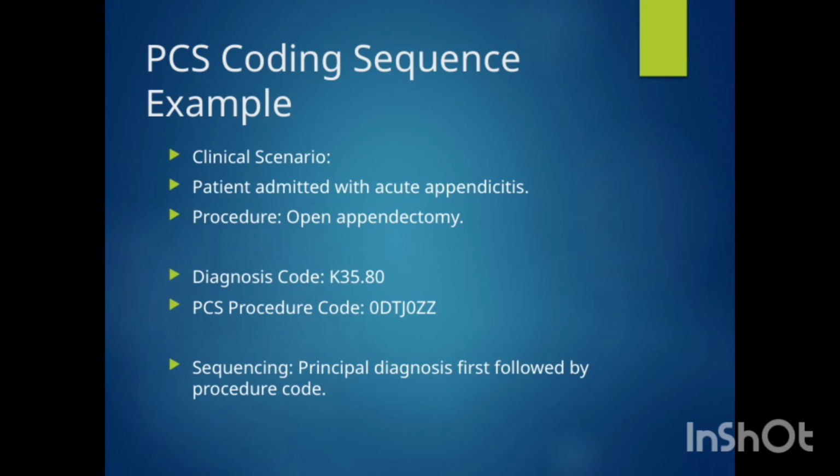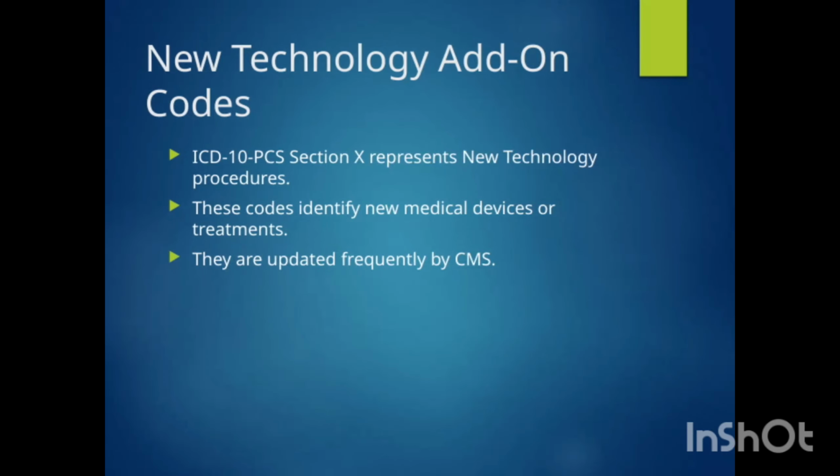Now, let's take a look at ICD-10-PCS Section X, which is all about new technology procedures. These codes are really important because they help us identify new medical devices or treatments that are emerging in the field. They ensure that new innovations are accurately documented and billed. It's also worth noting that CMS updates these codes frequently to keep up with the rapid pace of medical advancements.